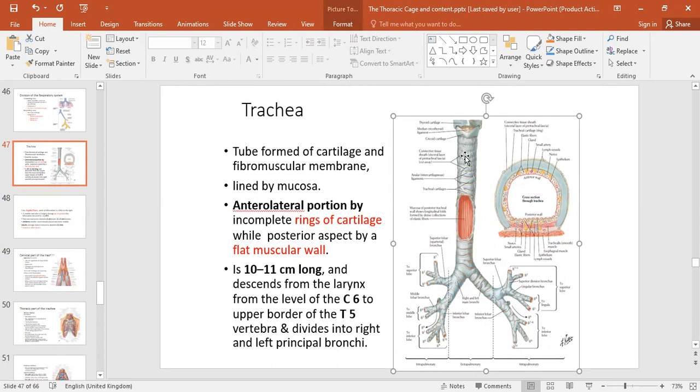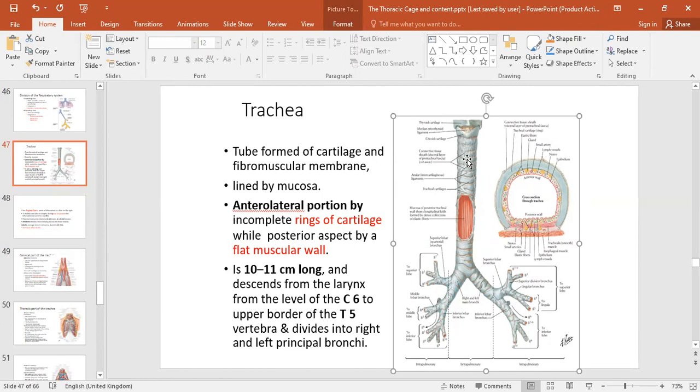So it is safe to perform tracheostomy at ring number 3 going down, and then you insert a tube there. Cutting through the trachea here at ring number 1 or 2 is considered not to be highly safe because that is closer to the vocal cords. When the trachea is cut into, during the healing process, when the scar tissue forms, that can interfere with speech production.